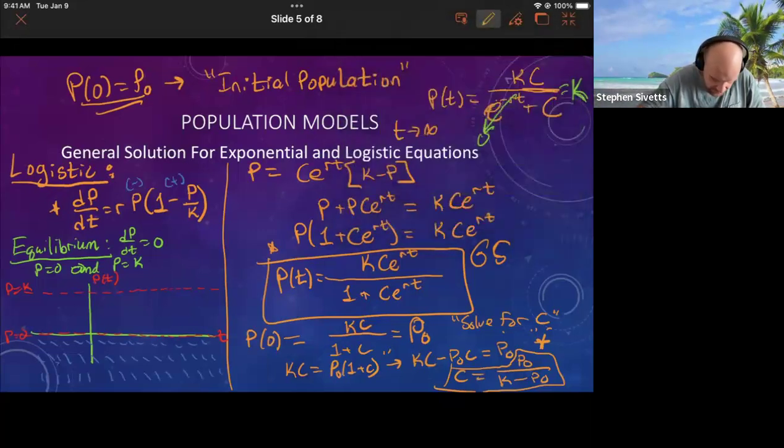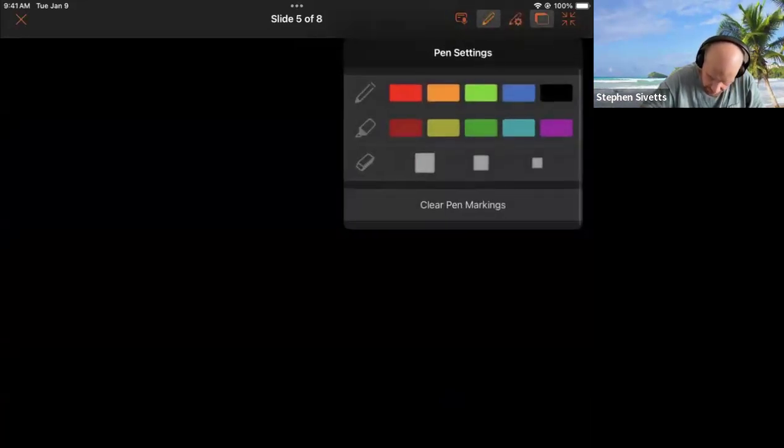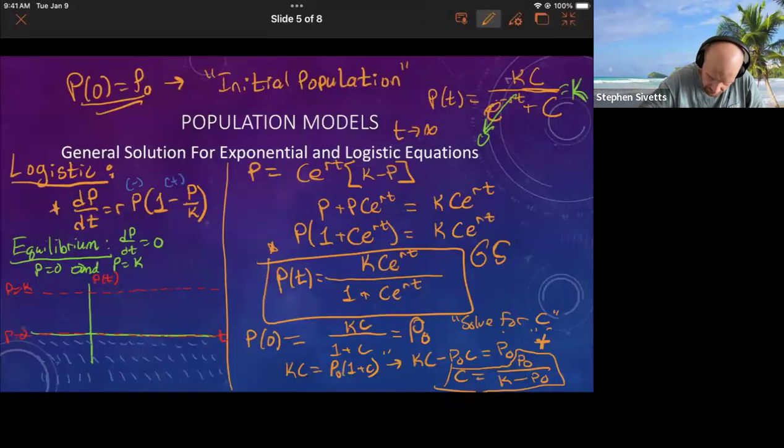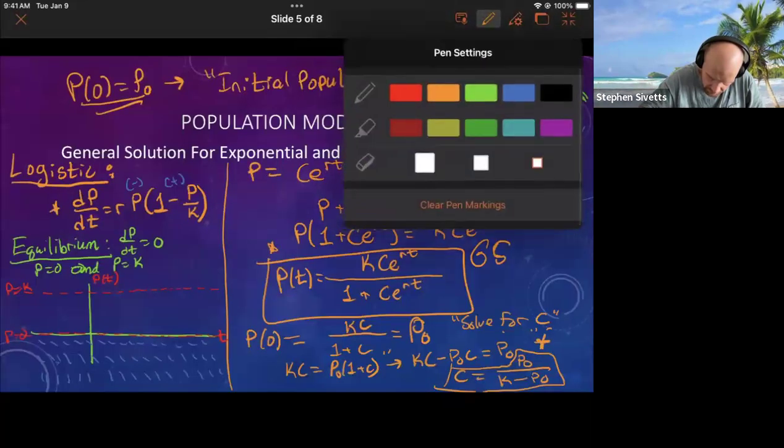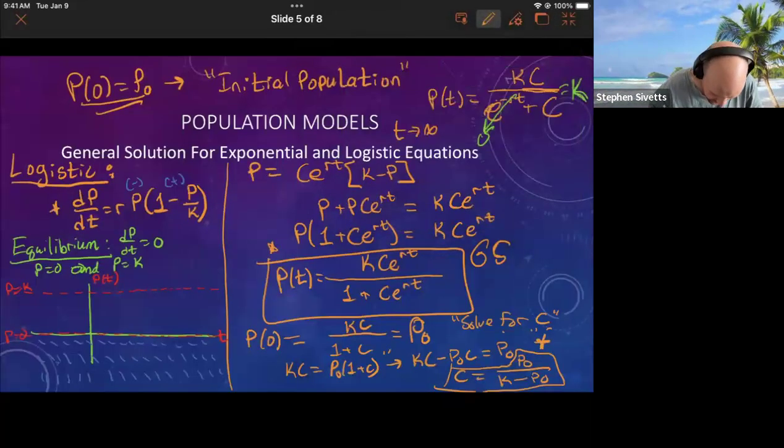Okay, so we'll have one solution curve like this. It will approach 0 this way.